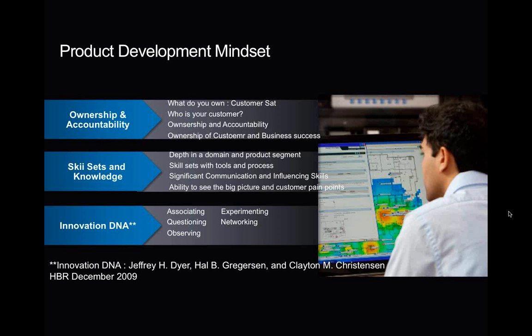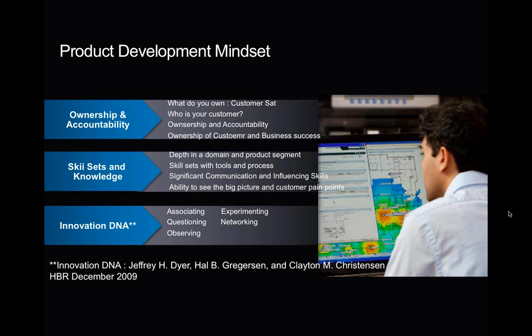When you say that you're owning a product, you're essentially owning the customer satisfaction on that particular product. You're owning how that product gets deployed, you're owning the quality of that particular product, and so on and so forth.